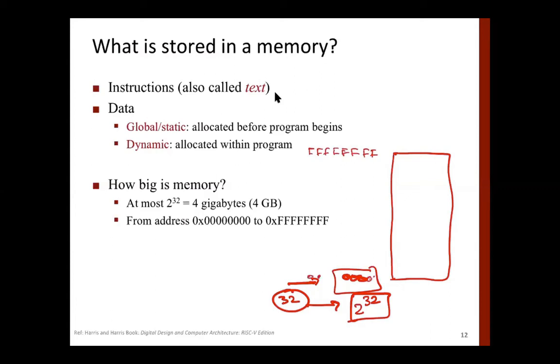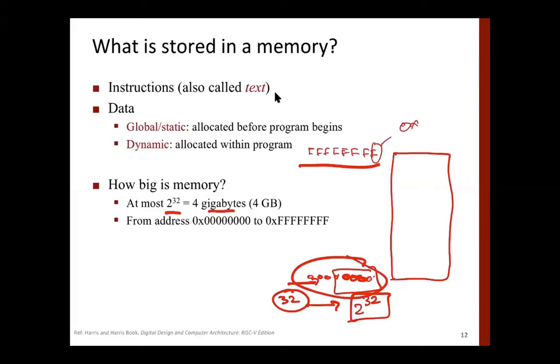Each digit here represents a hexadecimal number, so it essentially converts into 32 bits, zeros and ones. So we can represent here 2 raised to the power 32 locations.